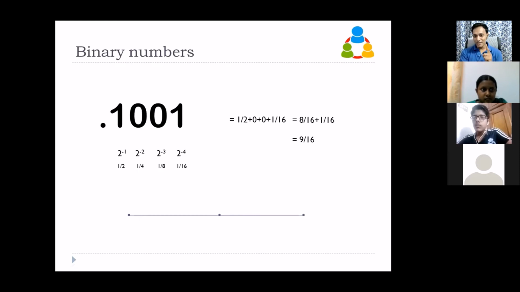Now what does it mean? Now we know this figure is between 0.5 and 1. Now we want more accuracy. We want more accuracy, so we take the next one. The next one is 1 by 4. 1 by 4 means what? Just think of our old example. We divided the whole into 2 pieces.